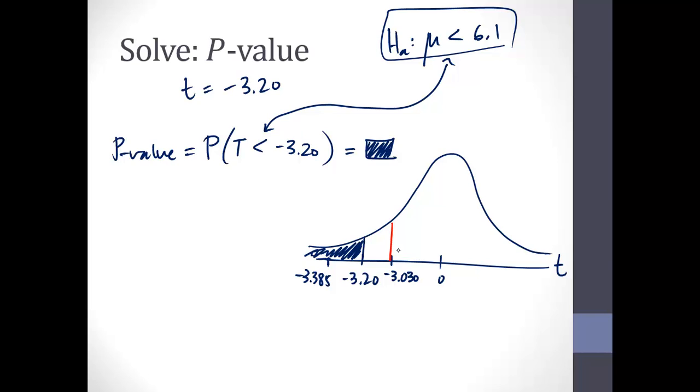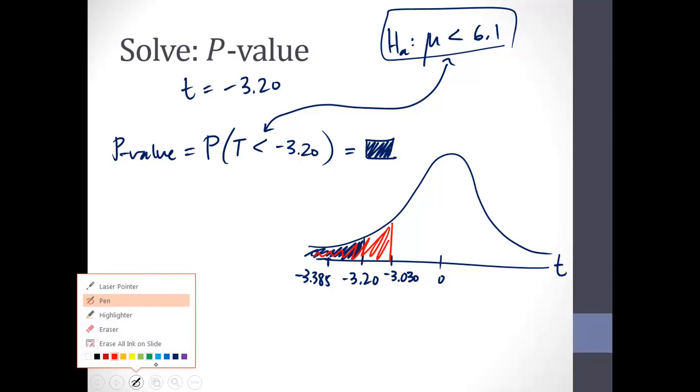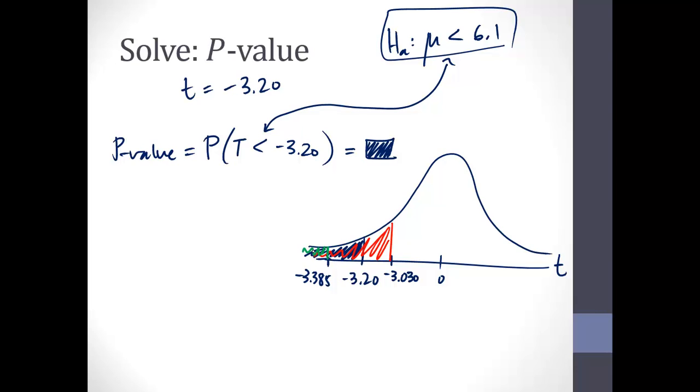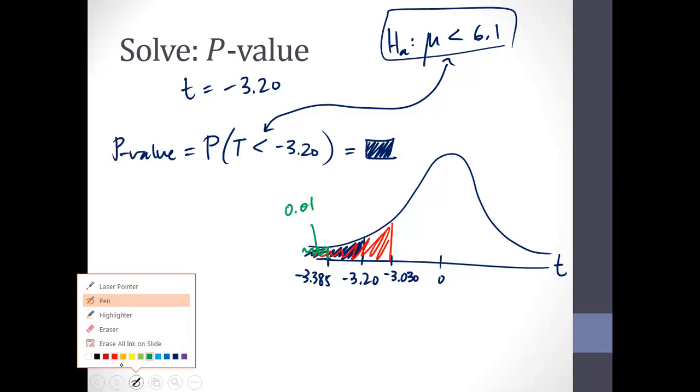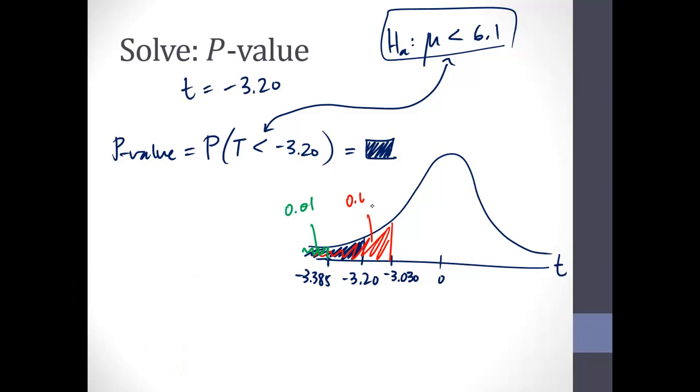I'm told something about this red area, and something about this green area out here. What the table tells me is that this green area is 0.01, and it also tells me that this red area here is 0.025. Sorry.